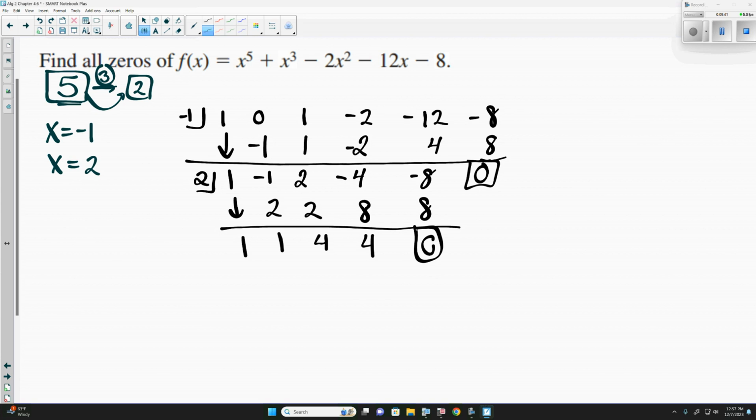So the remainder is 0. So doing more of these is helpful, and paying attention to these is also good.